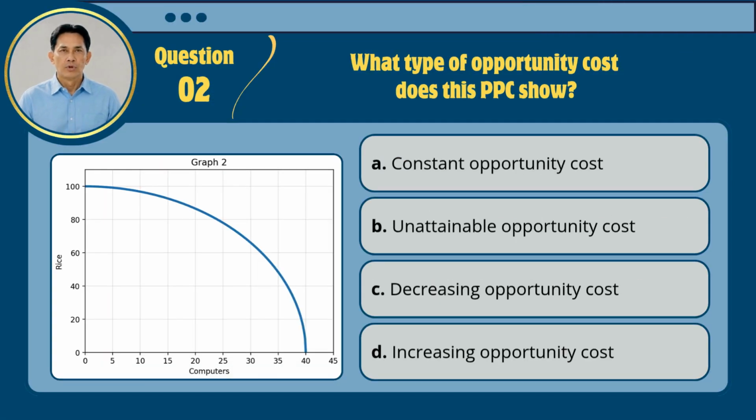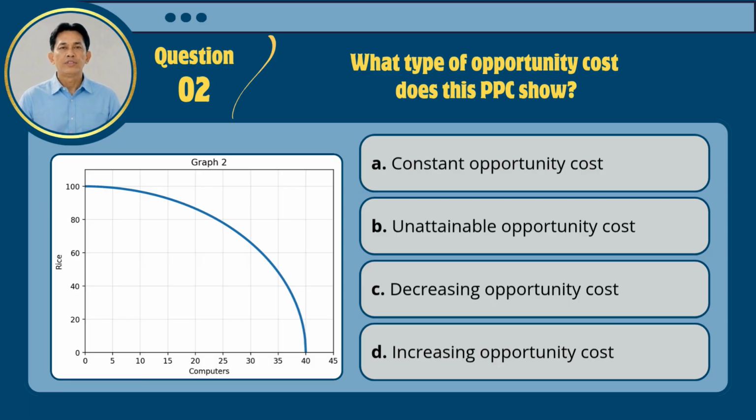Here's question number 2. What type of opportunity cost does this PPC show? A. Constant opportunity cost. B. Unattainable opportunity cost. C. Decreasing opportunity cost. D. Increasing opportunity cost. Notice that the curve is bowed outward.